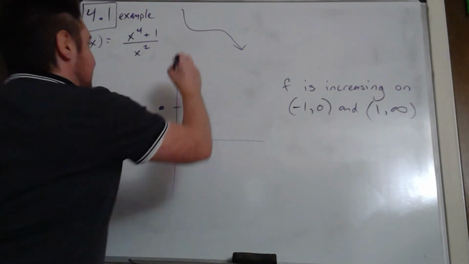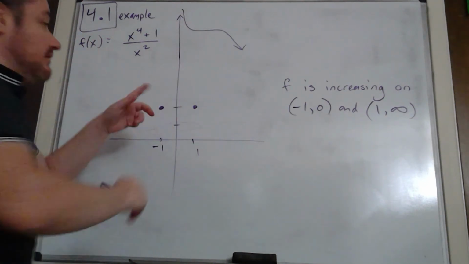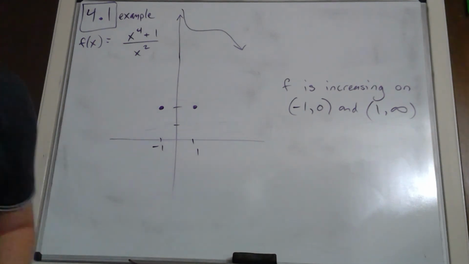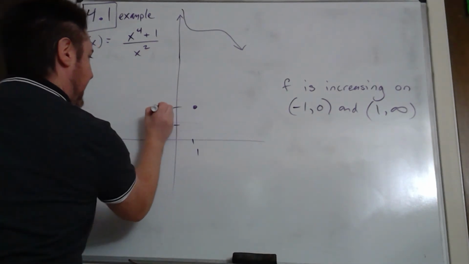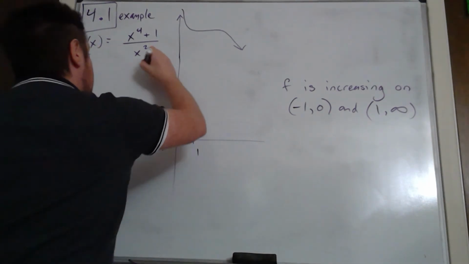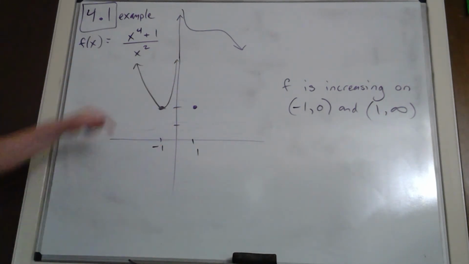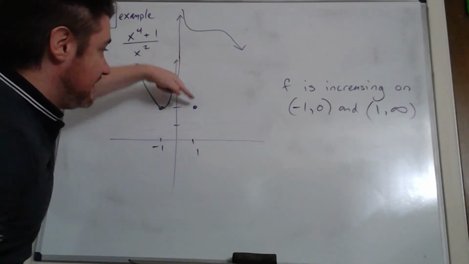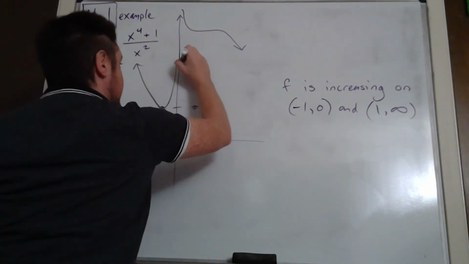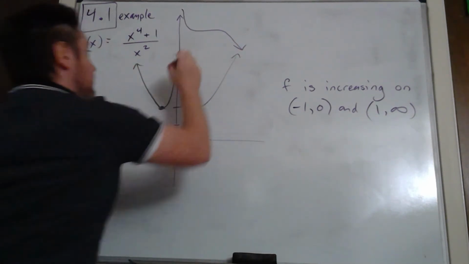We know our function is not defined when x is 0, so we don't have a y-intercept. And so our graph was, remember it was kind of flat here, so let me extra exaggerate. Decreasing, turn flat, increase, looks like that. And then on this other side, we were decreasing, and then we flattened out, and then turned and increased. All right, and so the function looks something like that.